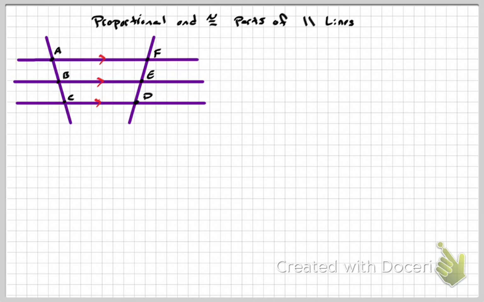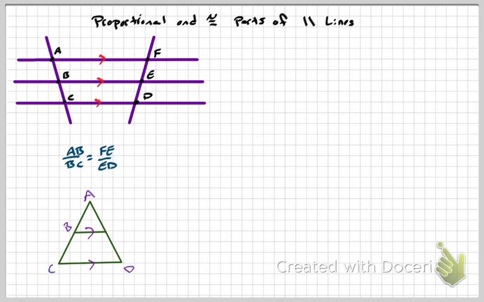So if I had 3 parallel lines, then all these little segments are getting broken up proportionally. Okay, so AB over BC is congruent to FE over ED. And again, guys, that just directly carries over from what we had like this, where if I had A, B, C, D, E, AB over BC equals AE over ED, right? Same concept, exact same thing.